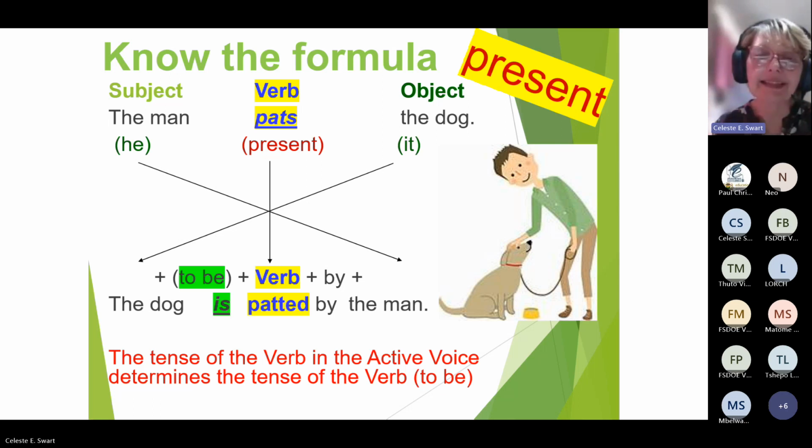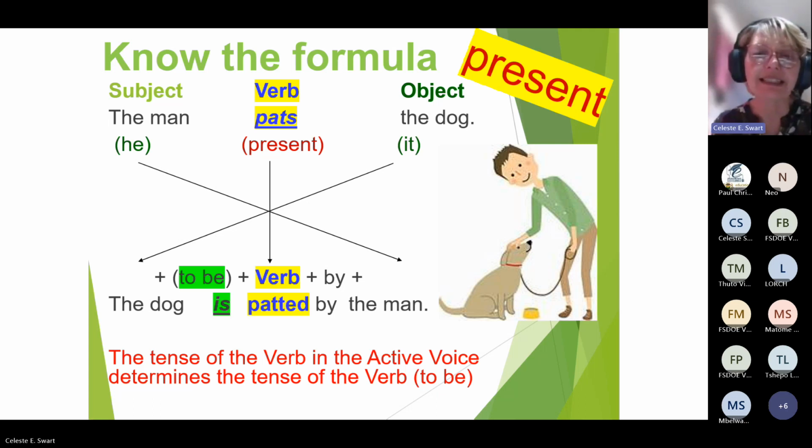The correct form of pats in the sentence is patted by the man. Remember, we'd be able to say the man, he, and the dog, it. And if we had to use the pronouns, we would say it is to get the correct form of the verb to be. The tense of the verb in the active voice determines the tense of the verb to be.